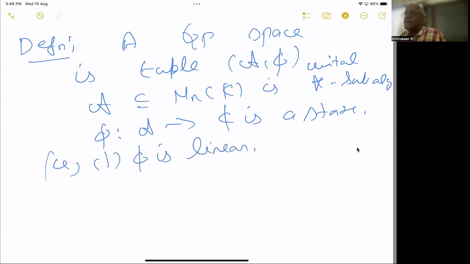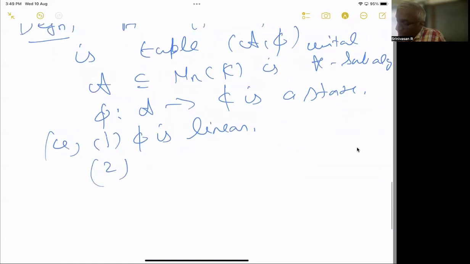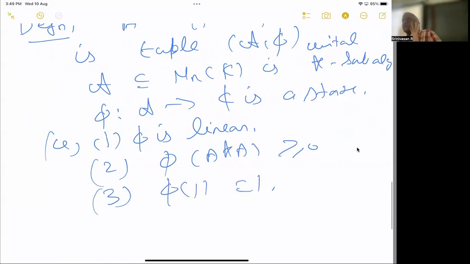I hope all of you have done a linear algebra course. Whatever I am saying we will do in finite dimension, and we will do it for a general Hilbert space soon. Second, phi of A star A is greater than or equal to 0, and third, phi of 1 is 1. That's all. So this is a quantum probability space.